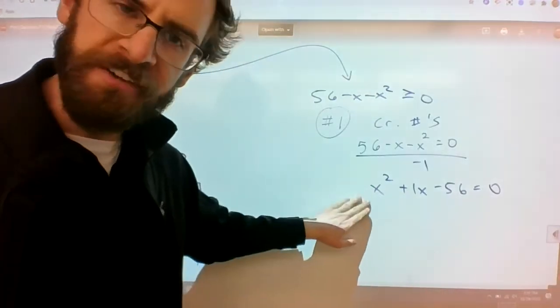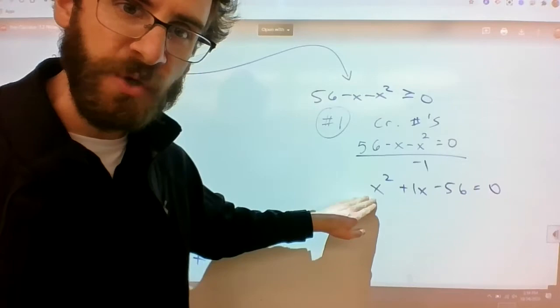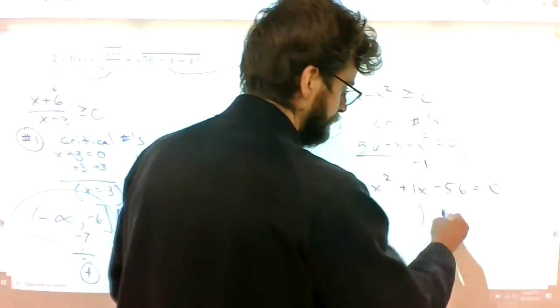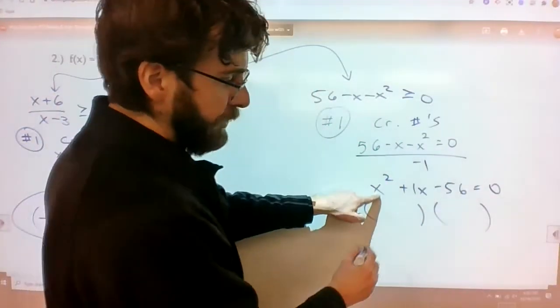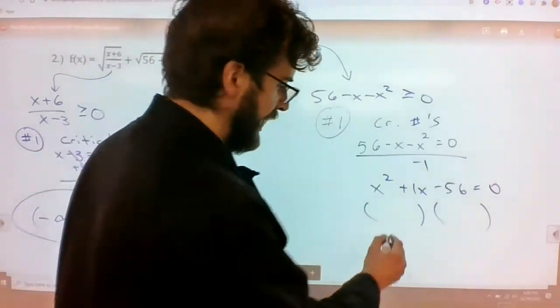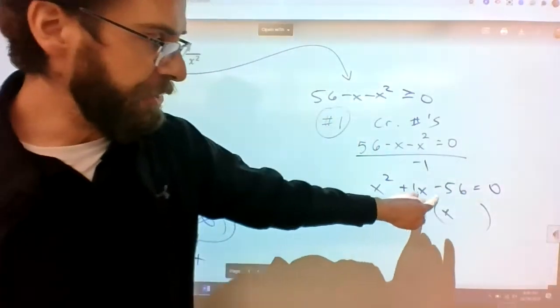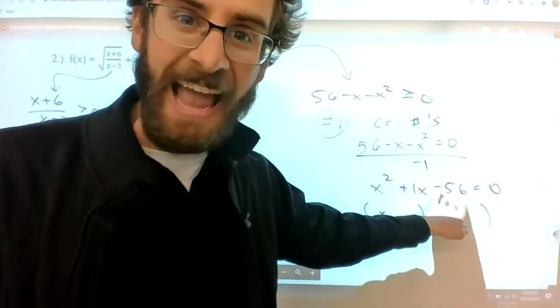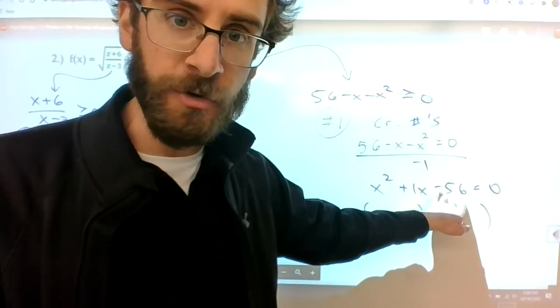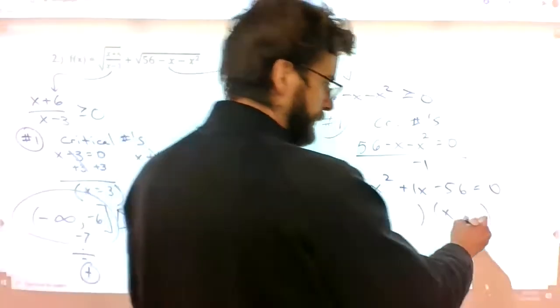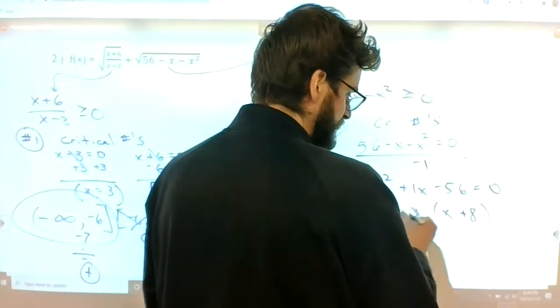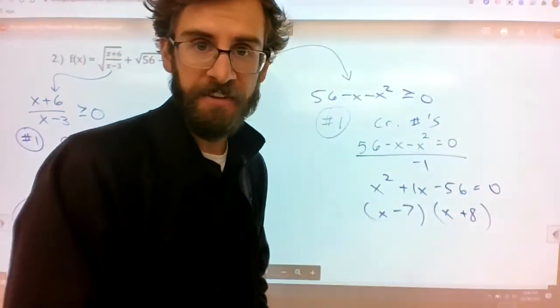So there's a shortcut for factoring if it's just a clean x squared out front. You know that the only way to get x squared through multiplication of factors is x times x. And we know that the multiples of negative 56 have to add up to 1 to make factoring possible. So it's going to be a positive 8 times a negative 7. That's what's going to make that factorable.